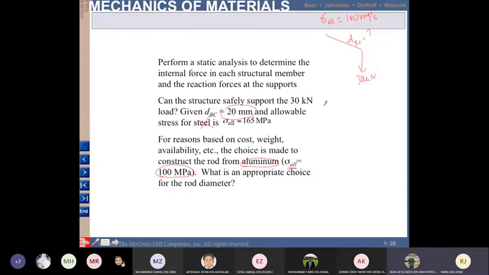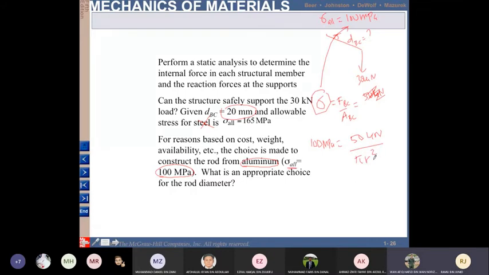So you change this equation, stress equal to FBC over area of BC. FBC is equal to 50 kilonewton. Okay, 50 kilonewton. So this one is changed to this one. 100 MPa, and this one is FBC.